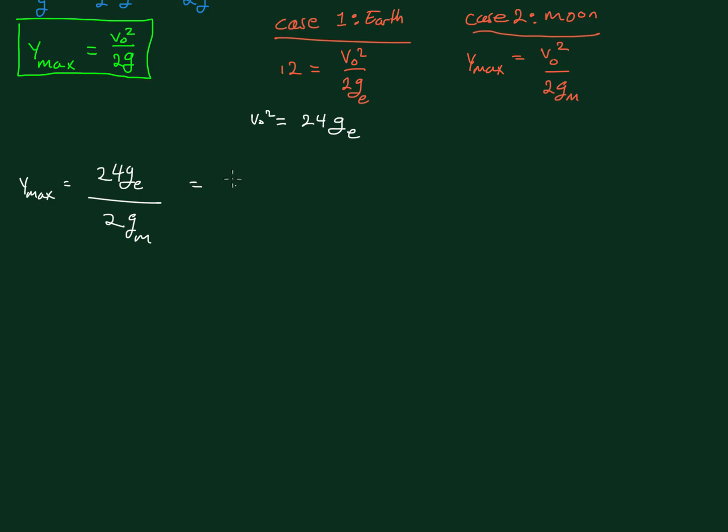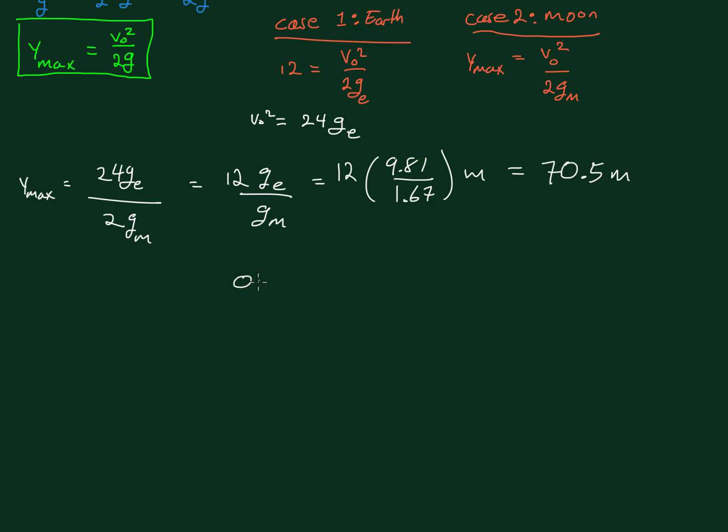So y max is equal to 12 multiplied by the gravity of the Earth divided by the gravity of the moon. And that's going to be 12 times 9.81 divided by 1.67 meters. And if we put that in the calculator, that should give us roughly 70.5 meters.